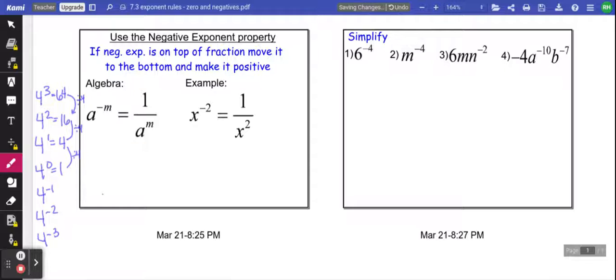Right? So naturally, if I take 1 and divide it by 4, I'm going to get 1 over 4, 1 divided by 4, as a fraction. If you put it as a decimal, you can have a different number as well. But then if I take that 1/4 and divide it by 4, I'm going to get 1 over 16.